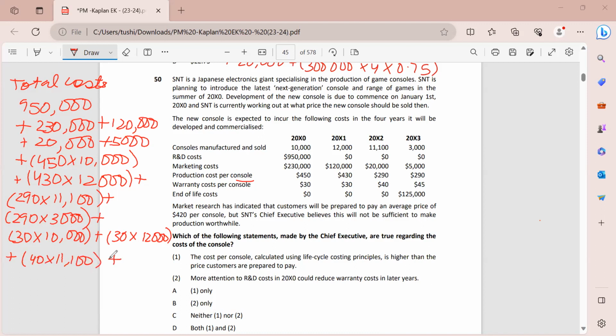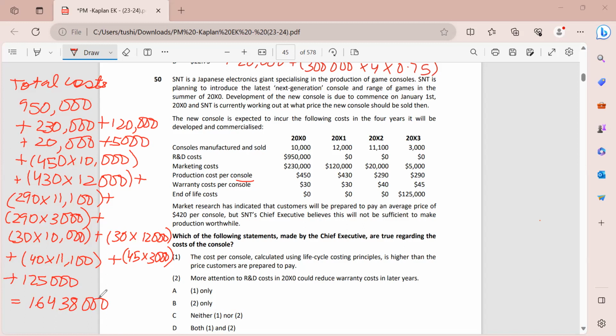Then I add my $45 multiplied by 3,000. So with this, I have come to an end to my warranty cost. Then end of life is just 125,000 at the end. So if I add all of these costs together, I will get my total life cycle costs. And the total that I will get over here will come out to be 16,438,000. So this is the total life cycle cost.